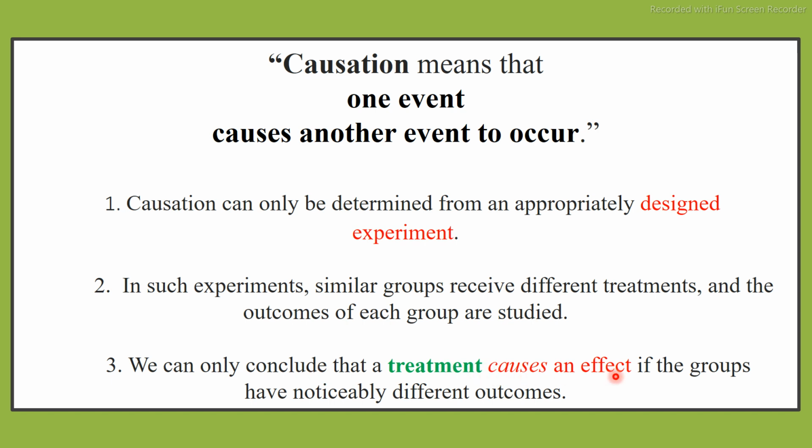In experimental design, they bring in a treatment group and see whether it causes that event to occur. In ANOVA, if I cover it, I'll let you know how analysis of variance is one of the experimental design methods used to come up with causation.